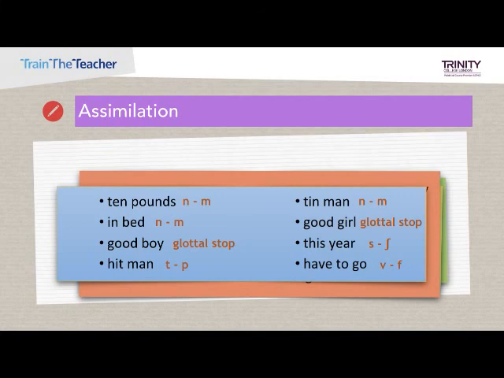And this sometimes happens because it's easier for our articulators to change the original sound by perhaps changing the place of articulation in order to make the utterance easier to say. Try saying the utterance, I have to go, but where you pronounce have with the v sound as opposed to the f sound.